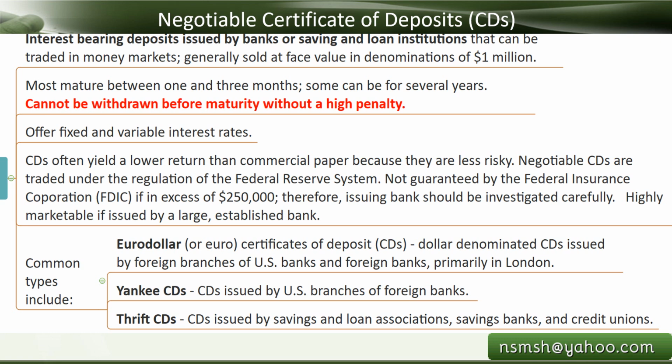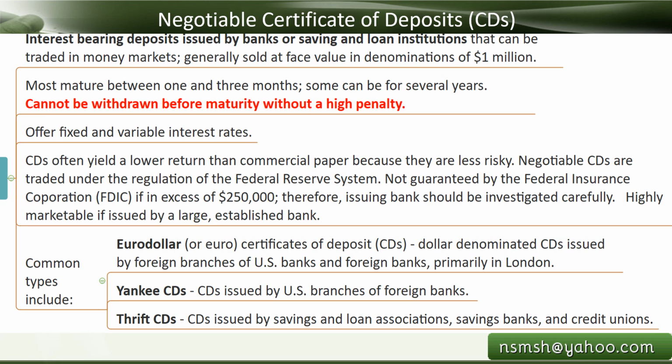So if negotiable CDs exceed that, the insurance coverage will not be there. Therefore, the issuing bank should be investigated carefully. Which bank is issuing is very important information before investing. But they are highly marketable if issued by a large established bank.